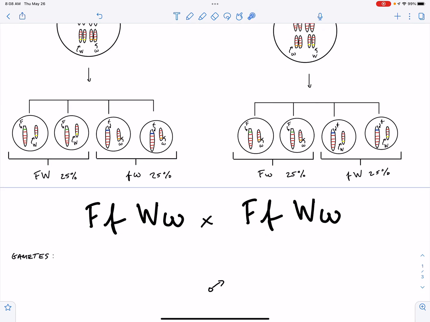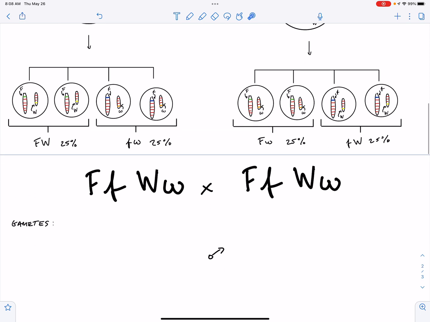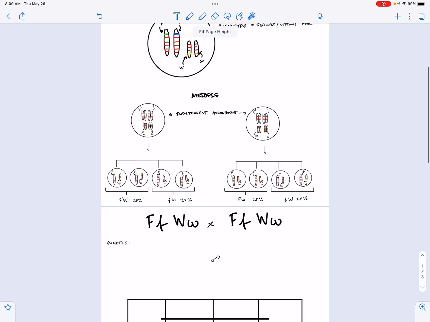So they're going to create these gametes in equal proportions.